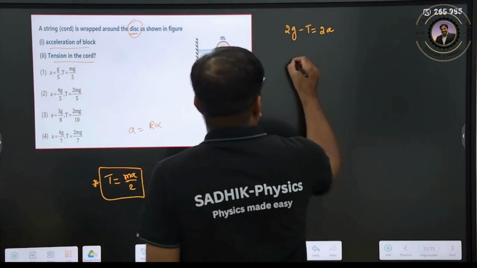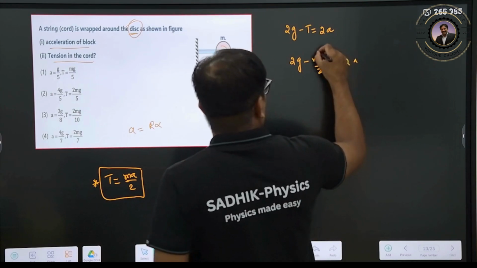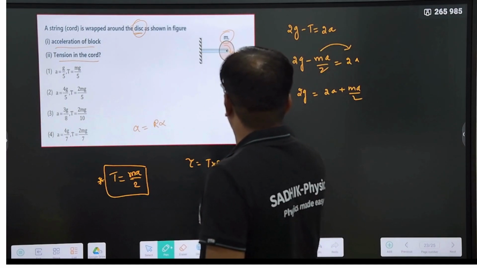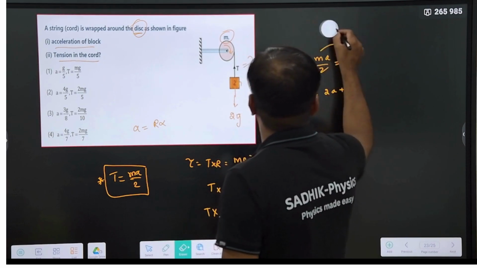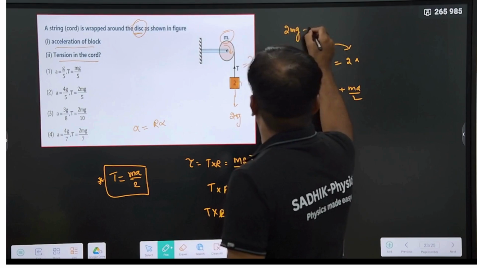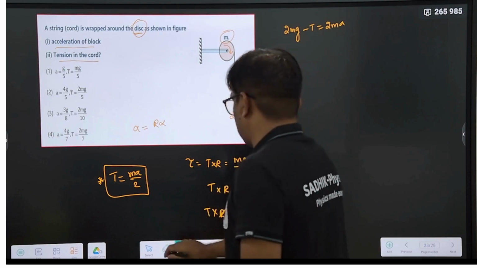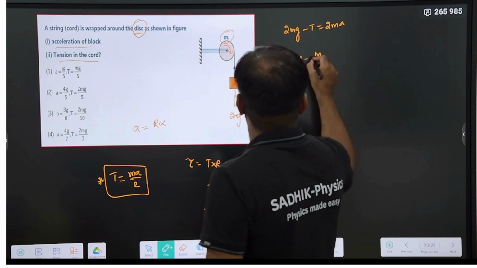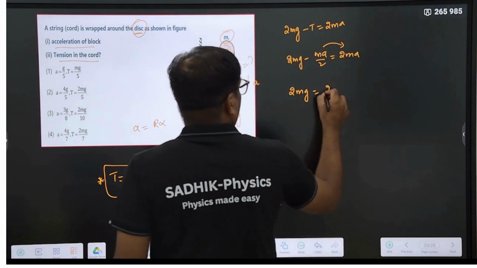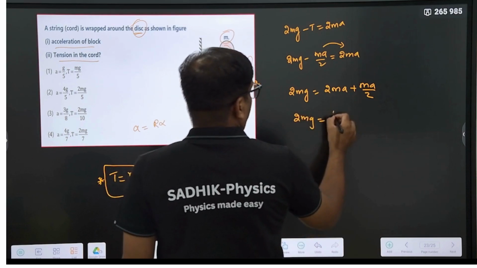Therefore substitute this tension in this equation. 2g minus tension is equal to, here the block is not 2 kg but 2m, so I can rewrite it as 2mg minus tension is equal to 2mA. So 2mg minus mA by 2 is equal to 2mA. Taking it here, 2mg is equal to 2mA plus mA by 2, which is 4 plus 1 over 2, so 2mg is equal to 5mA by 2.